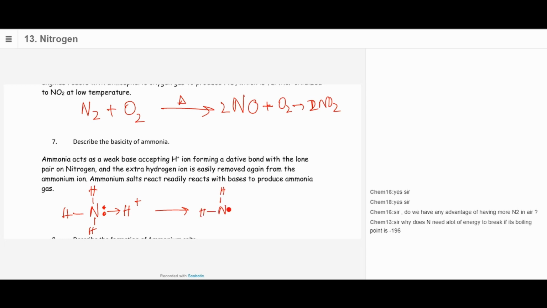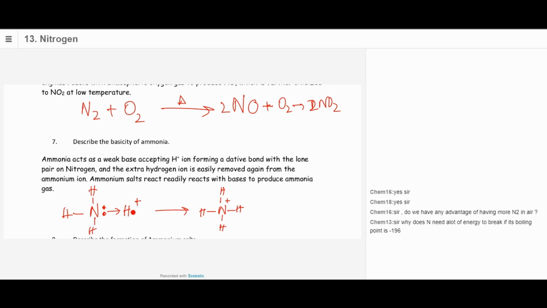Because we know, as per the Bronsted-Lowry theory, which we have discussed under chemical equilibrium, proton donors are acids and proton acceptors are bases. So nitrogen in ammonia has a lone pair that can accept H+ and form the ammonium ion.